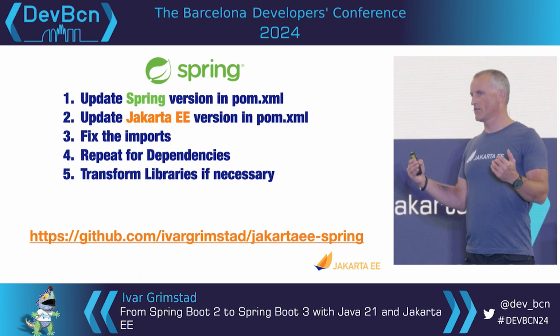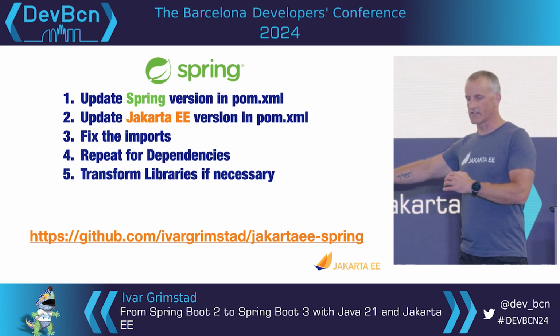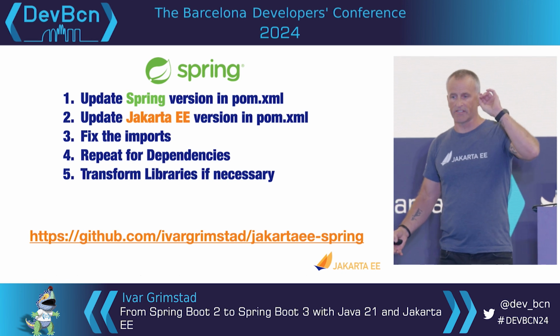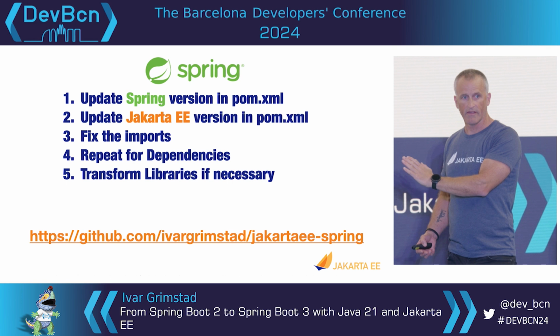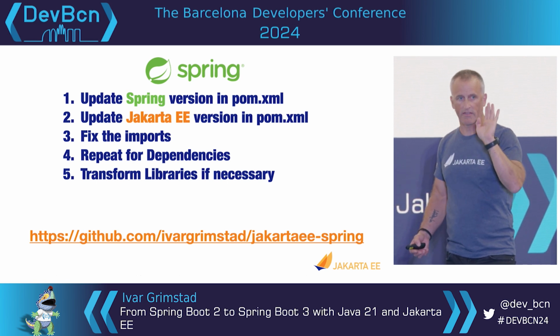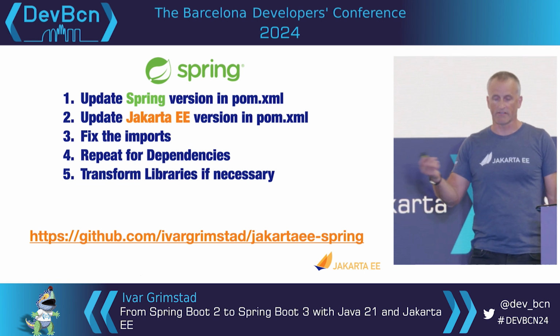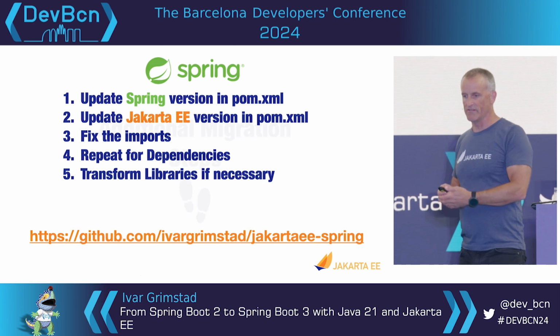Hopefully you won't have to, because you have the source code of everything, but if you need to, you can transform the libraries. And of course, you could have done this from the start, just taking the first application you had and transforming it, and never care about anything else and never rewrite it, and always just have the transformer as a step in your build process, but sooner or later, that's probably going to fail.